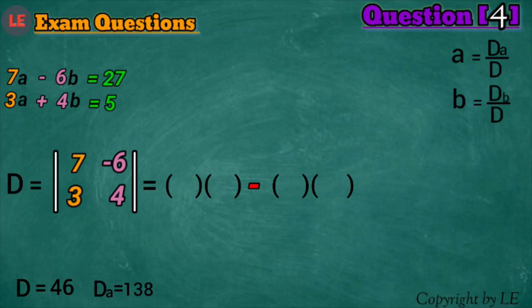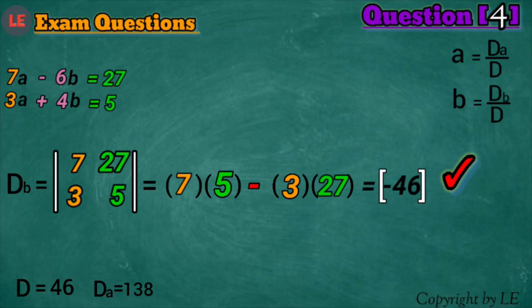Lastly, finding variable b, we again take this original square matrix and replace only the coefficients of b in the second column with these constants. Evaluation follows. 7 multiplied by 5, minus, then 3 multiplied by 27. We get the determinant with respect to b to be negative 46.